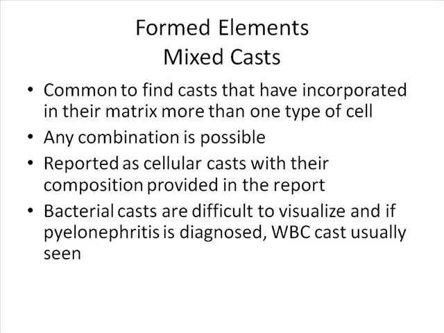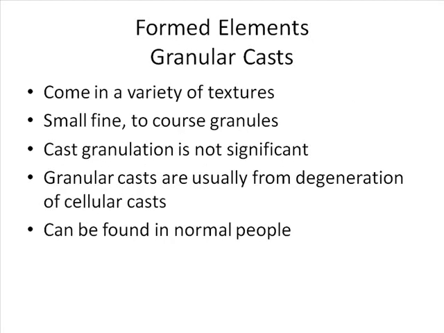Now your mixed cast, you can see quite often, sometimes a granular type or white cell or some red cells stuck on there if you have a combination of a urinary tract infection. So you can report out granular, anywhere from fine to coarse. Coarse meaning that it is not as disintegrated, to fine meaning it is more disintegrated.